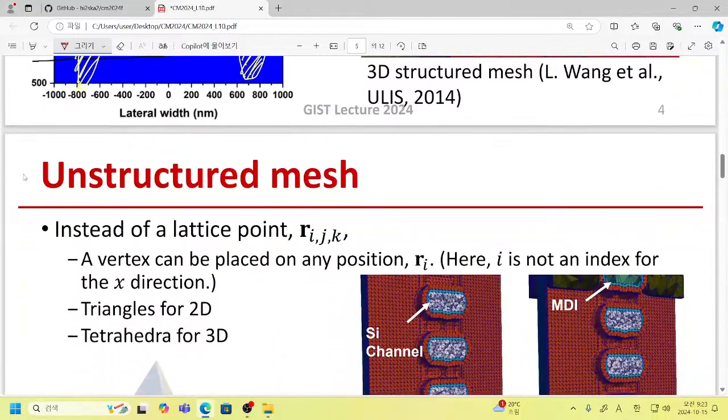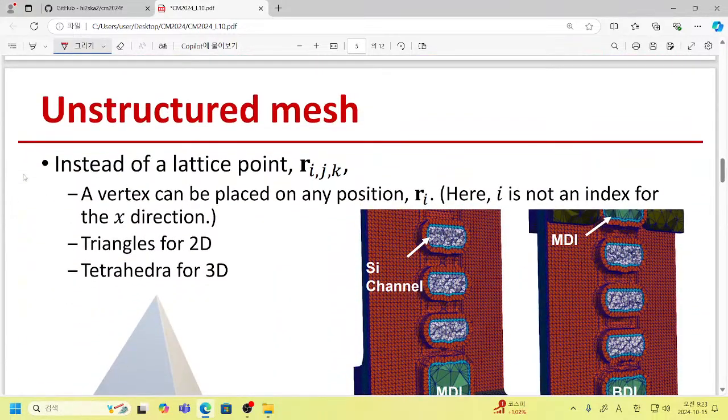So frankly speaking, nowadays in realistic cases, nobody is currently using the structured mesh. The real program is always relying on the so-called unstructured mesh. Here, un means that points are no longer obtained from a lattice point, the cross point of three different directional meshes.